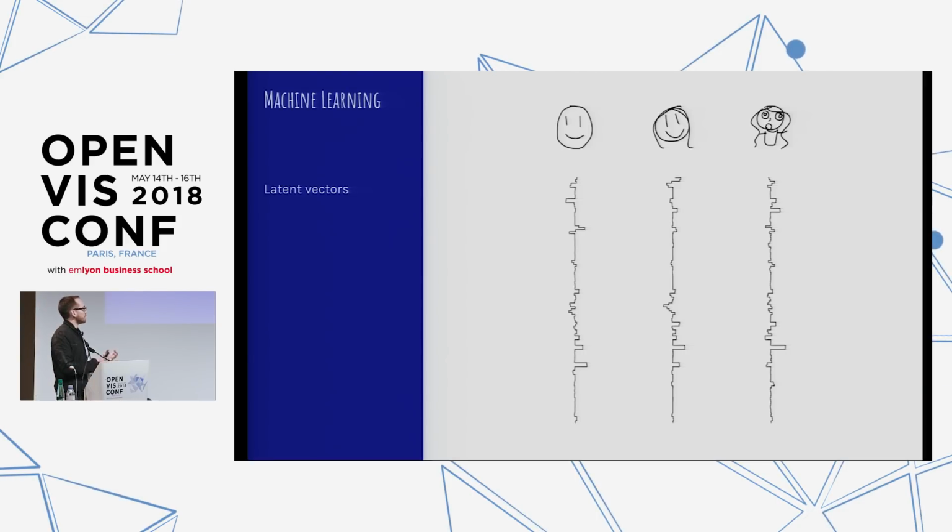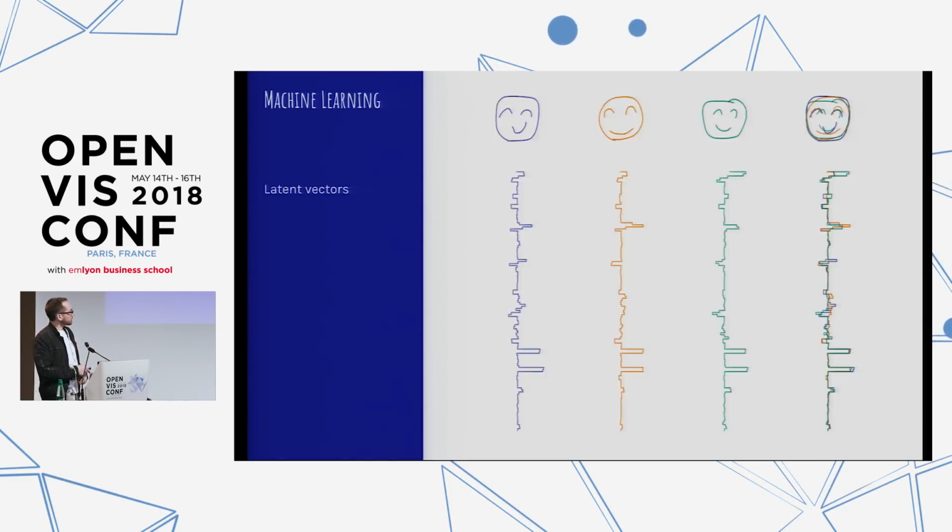This gives us a numerical representation of how the neural network sees the data. We just talked about how it creates these latent vectors by compressing data, right? It recognizes patterns. So it makes sense that when we compare similar drawings to each other, and these look similar to us, if we also compare their latent vectors, they'll also be pretty similar.